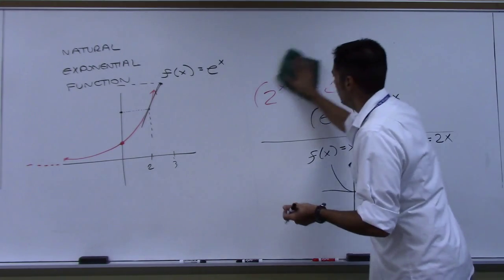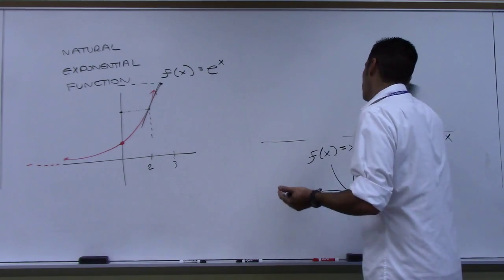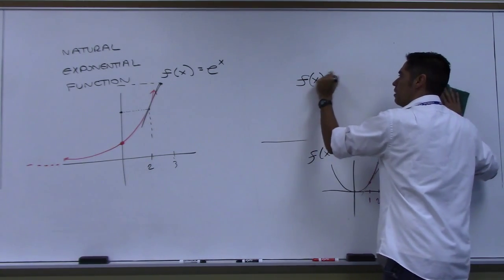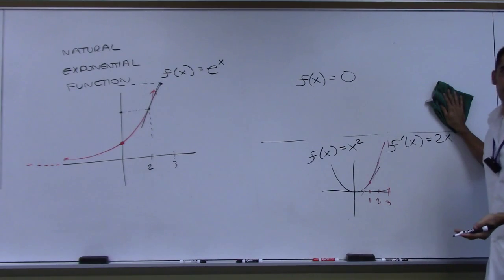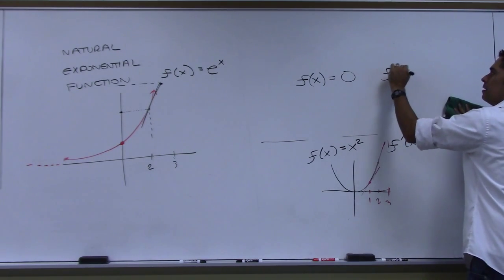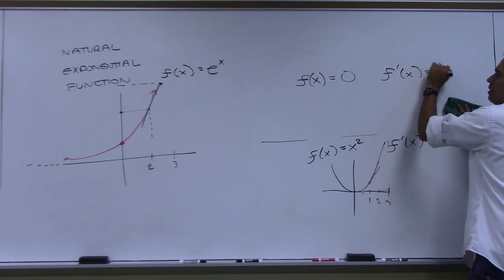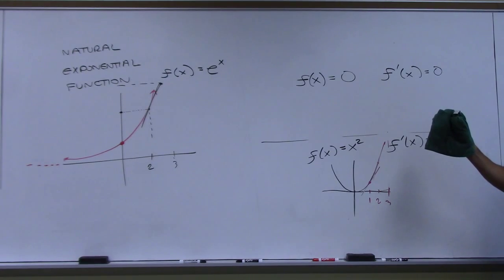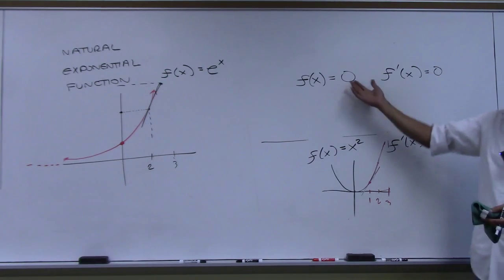Now I should put a little asterisk on that. There is another function that is that way, but I'm not lying to you. Look, it's that function. The derivative of that is 0. And so why do you think we don't use this one? It's the trivial function, the f of x equals 0 function.